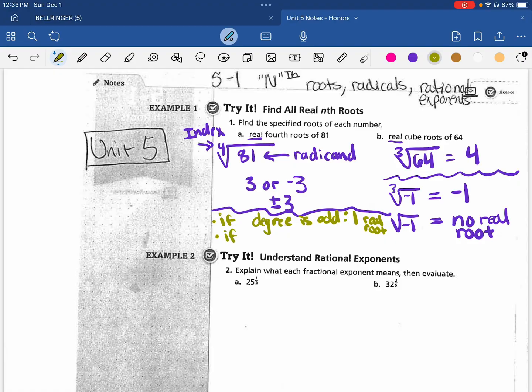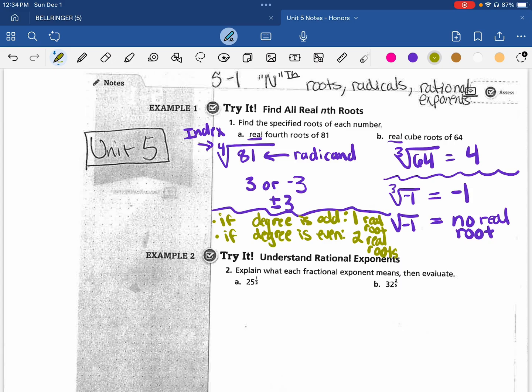If the degree is even, you have two real roots, or really an even number of roots, because technically no real is 0 and 0 is even.